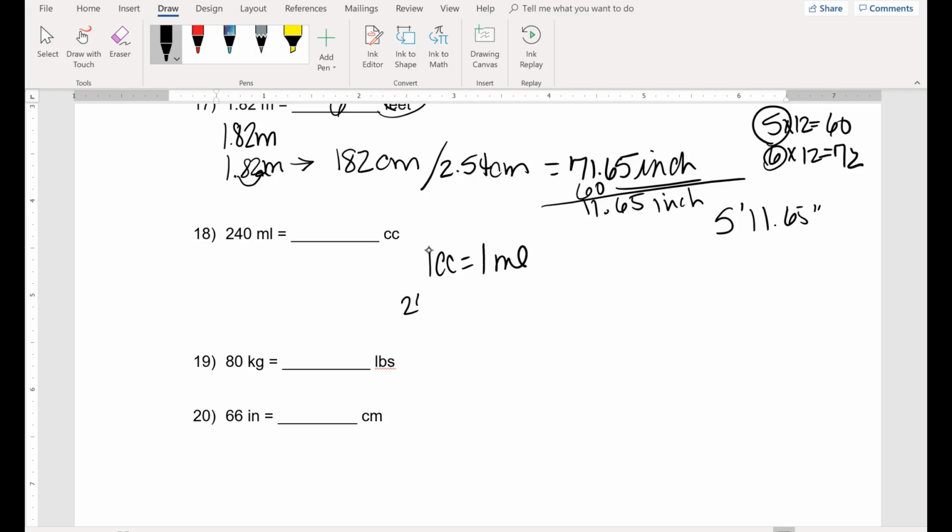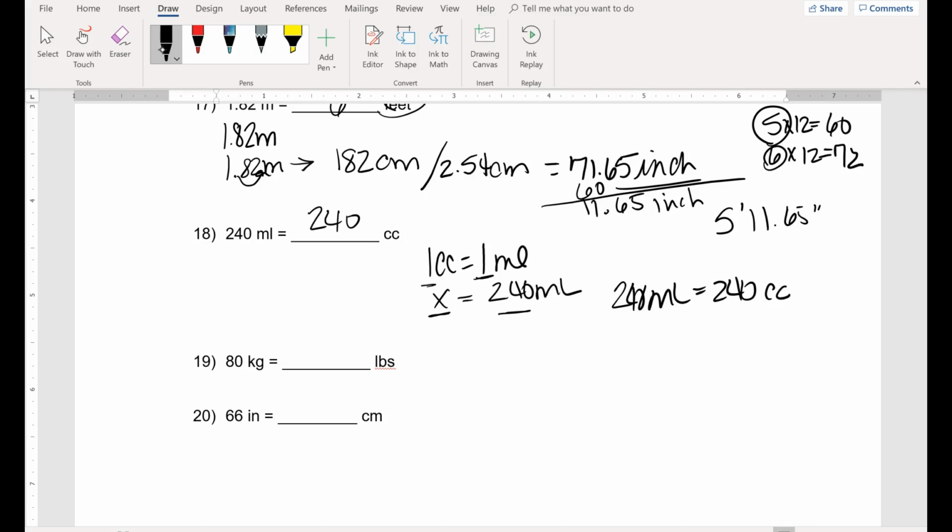So if I have 240, let's do it this way. Let's make this X. This becomes 240 ml. So if this is 240, that's 1 and 1. This is 240, right? So 240 mLs equals 240 cc's.